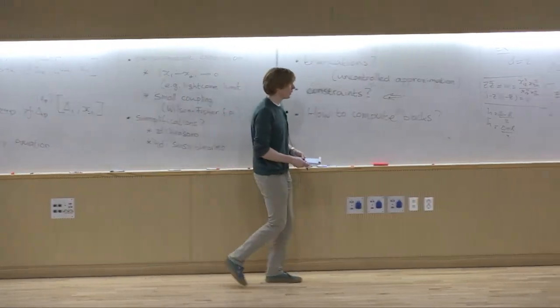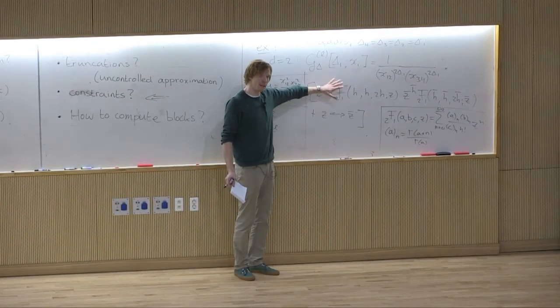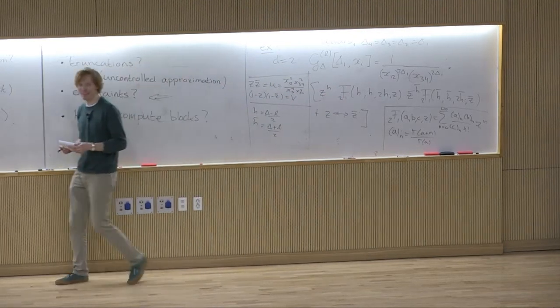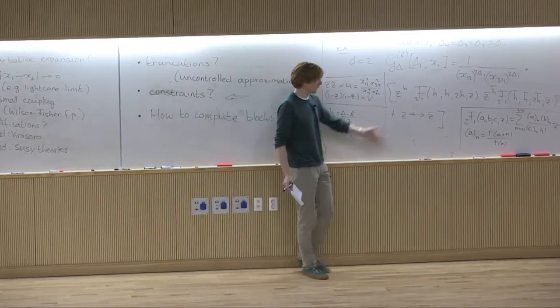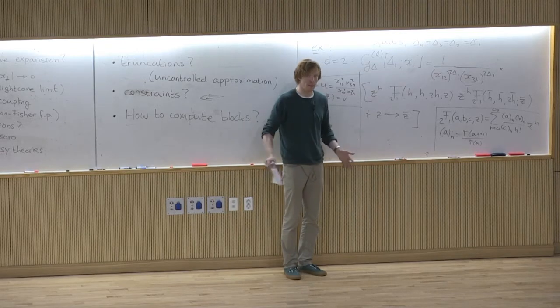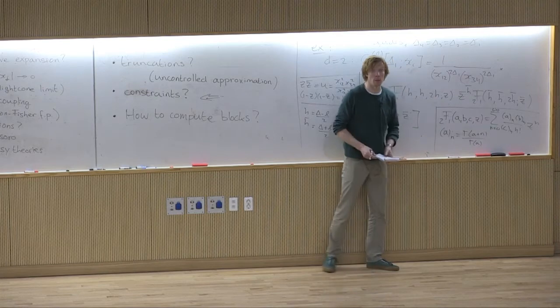In D equals 4, there's a similar expression. It looks very similar. D equals 6, there's a more complicated expression. And D equals 3, the odd dimensions are a bit more difficult. People have found convenient expressions for the conformal blocks as some implicit series. But they don't have this nice sort of hypergeometric form.